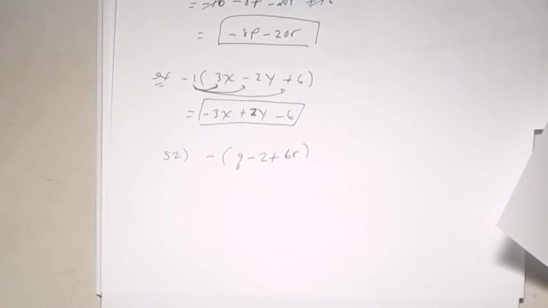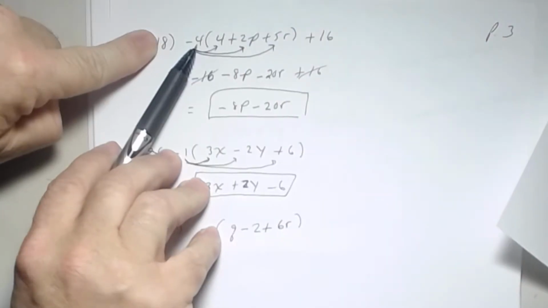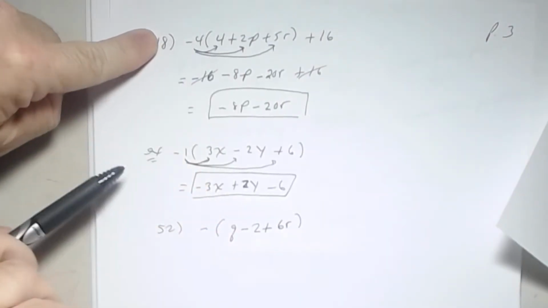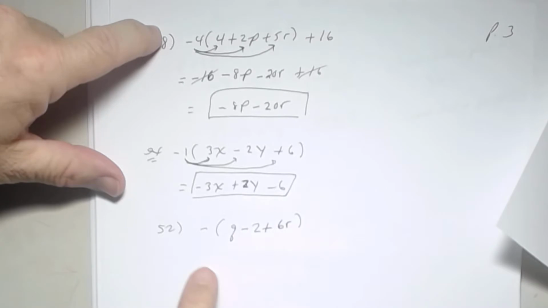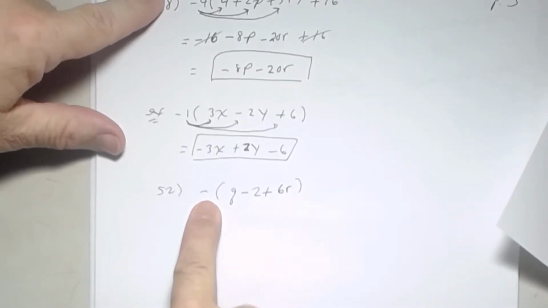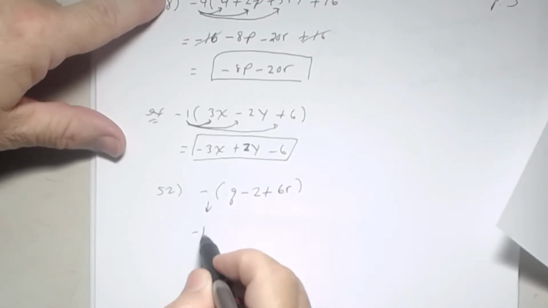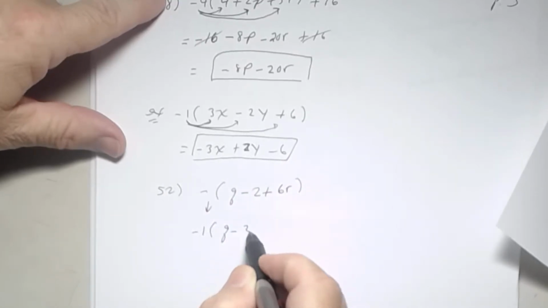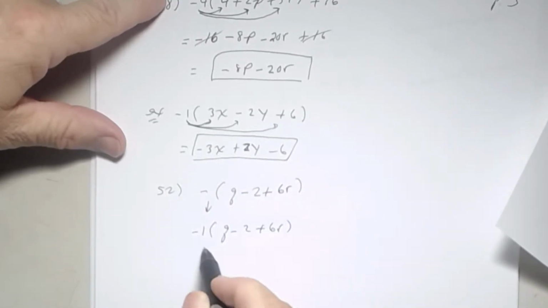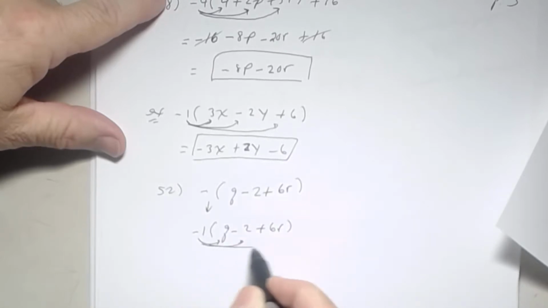Negative 1. All right, so if there's no number there, see how right here we had a negative 4? You could see it, right? And then right here there was a negative 1. If there's no number, if you don't see it, it's understood to be a 1. So that right here is understood to be a negative 1. So you distribute a negative 1 through here.